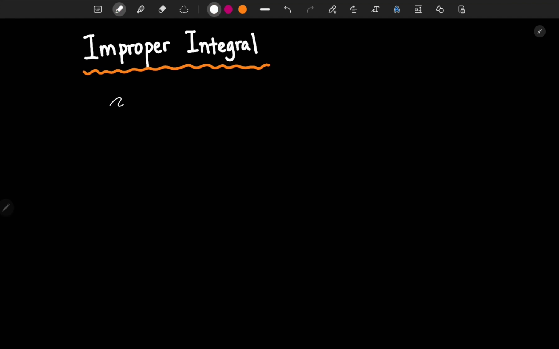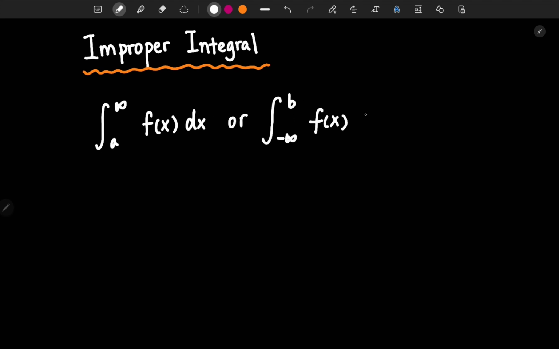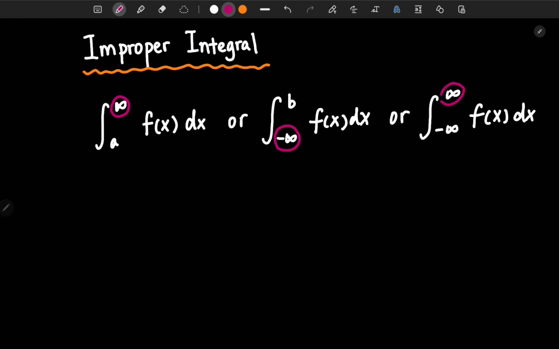Sometimes you might encounter problems in which the boundary includes infinity, such as this. In these examples, either your upper boundary or lower boundary or both of the boundaries are infinity.